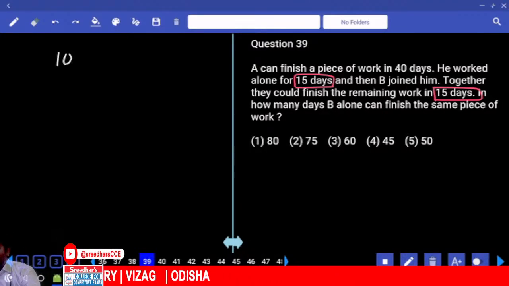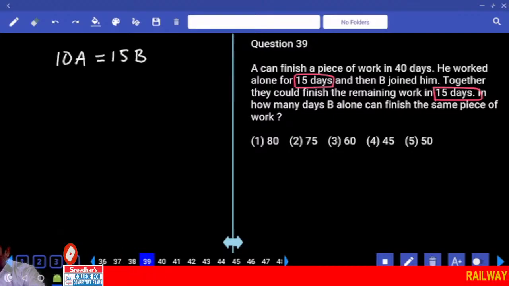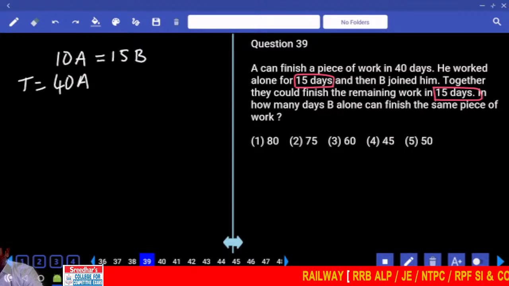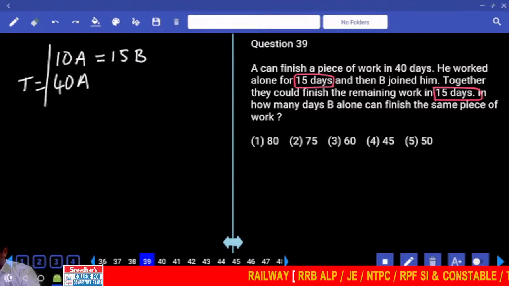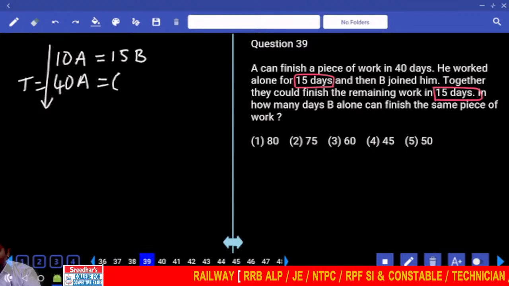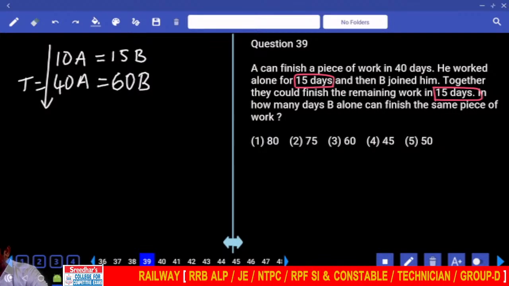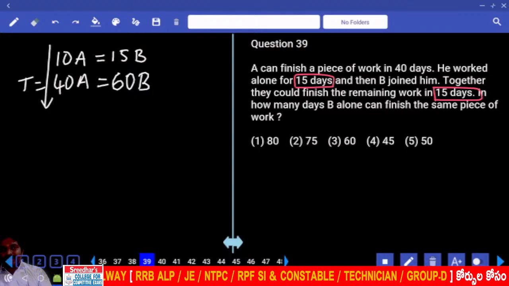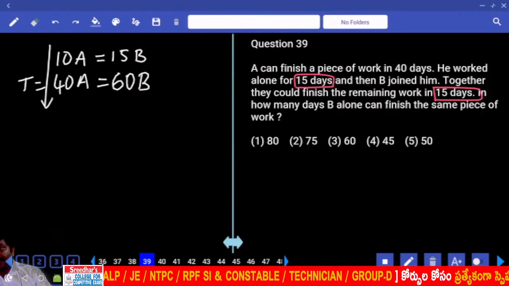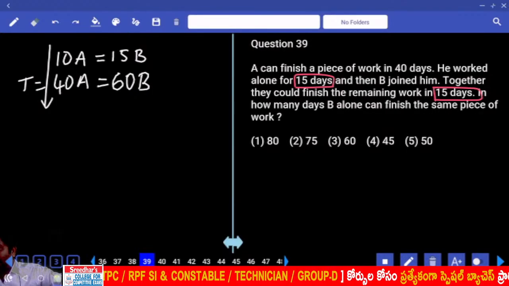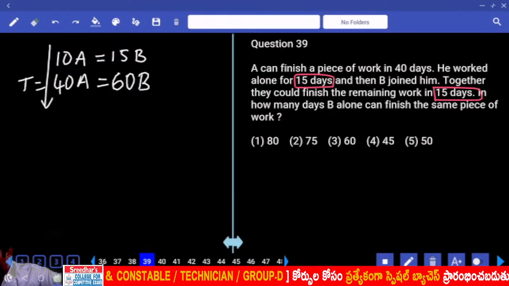That means, can I say 10 days of A's work is equal to 15 days of B's work? Then to complete total work, A should work for 40 days. Vertical comparison, 4 times, 60 days of B. So to complete total work, A should work for 40 days, and to complete the same work, B should work for 60 days. You got it?